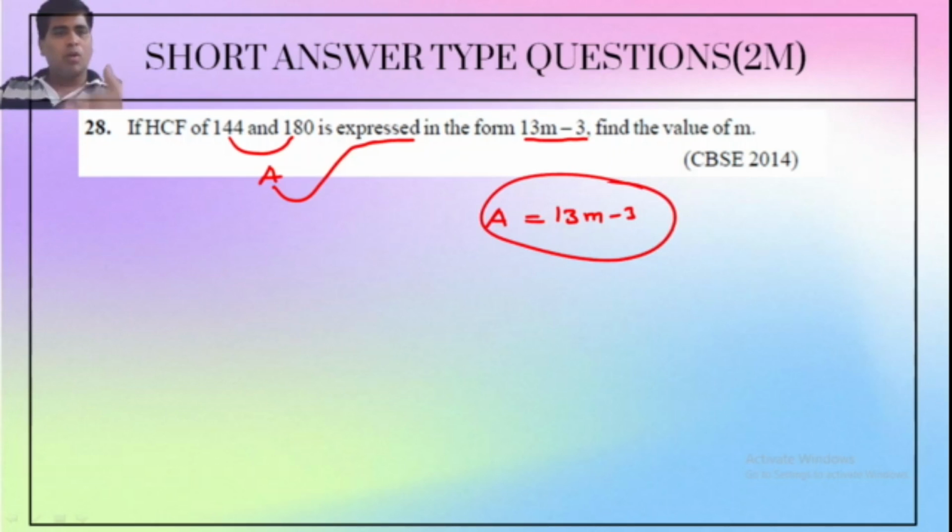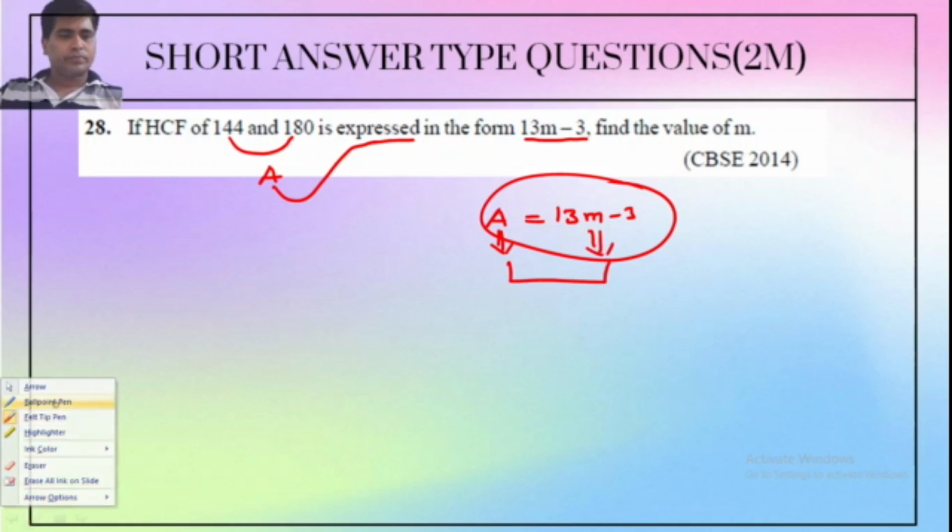So I told the logic here. Find the HCF of these two numbers. Suppose you are getting A as the HCF. We have to equate this A to this number and solve it. So let us find out. I will go for the first step.